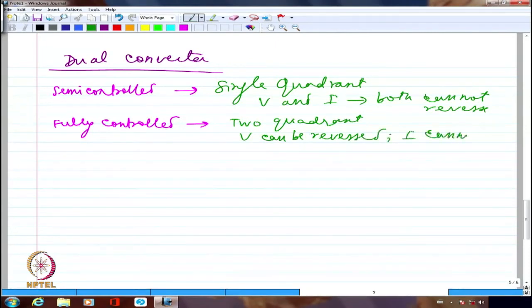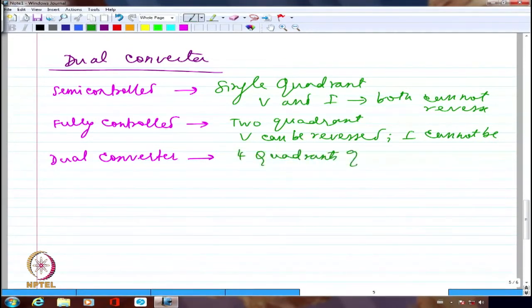Whereas the dual converter, what we are going to discuss now, corresponds to all four quadrants of operation. So you can have voltage as well as current both reversed.